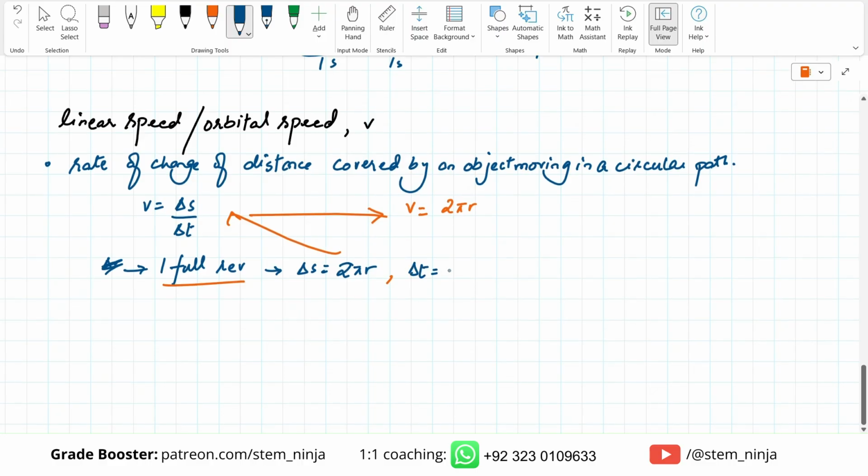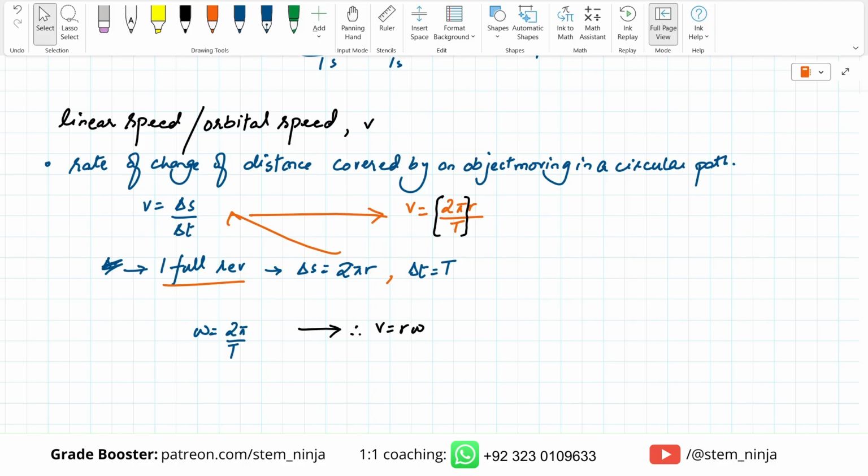So delta small t is capital T, so this will become T. Now, notice one thing. Omega itself was 2 pi over T. So if you notice this part over here, this is the omega. So v is equal to r omega.